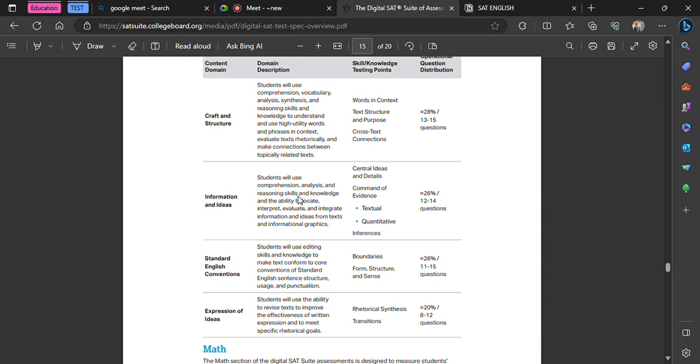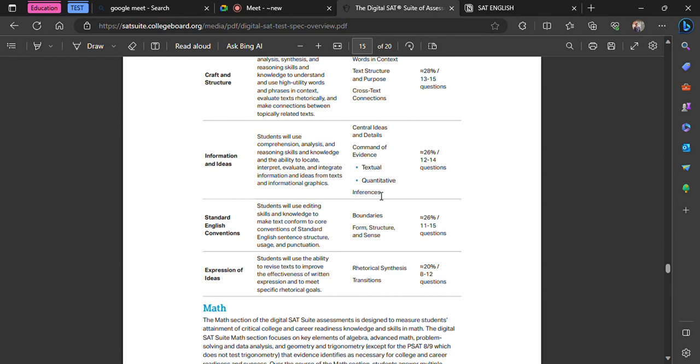It is going to be leaning on the concepts of command of evidence, how you would actually bring up evidence about some specific claim that's given in the text that you're reading. And by quantitative, it means how you are actually going to be utilizing the information from the graphs. And then there's completing the sentences, which is also called inferences.